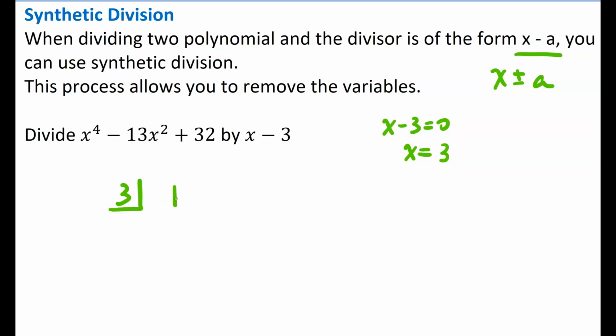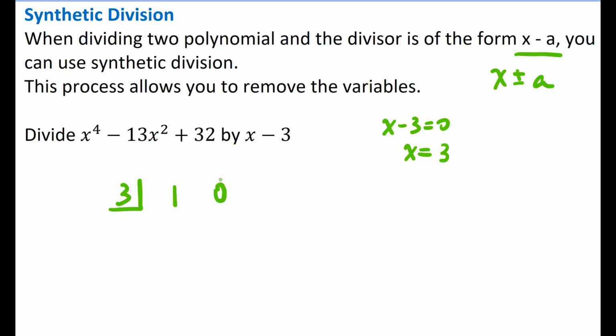Now I go down in order of decreasing degrees. Do we have an x cubed term? We don't, so I'm going to put in a 0. Remember, in long division you didn't have to fill those in, but in synthetic division you have to. You've got to put that 0 in place.